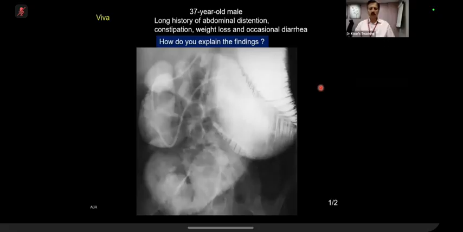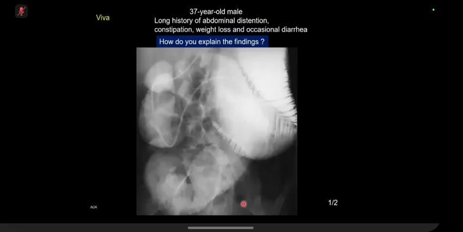If all of you can concentrate, this is a very good case, and many films have come in the exam from this pathology. So the bowel appears to be significantly dilated and folded in together with multiple folds, with a smaller distance between them.